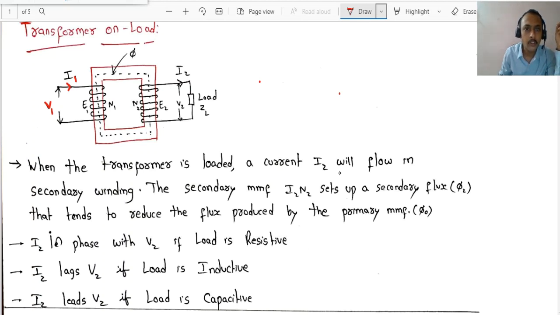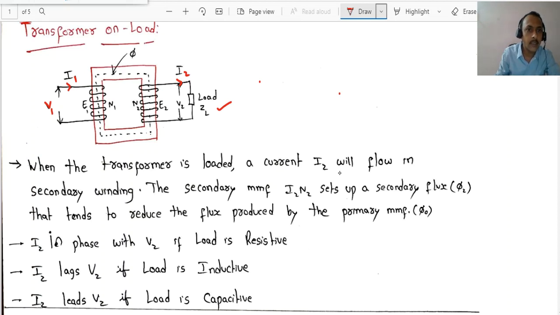V2 is the voltage available across the load. I2 is the current drawn by the secondary. The load which you have connected is going to have some impedance, and ZL indicates the impedance of the load.